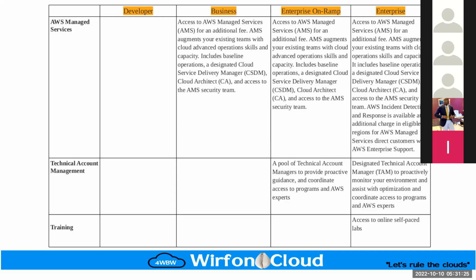Yeah, the pool of technical account managers is for the enterprise on RAM, while the designated technical account manager is for the enterprise. I think you're saying it's different in the notes? Yes, on the slides. Which slide is that? I cannot remember the slide.